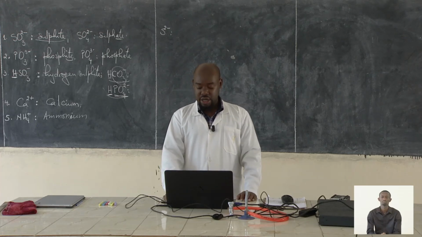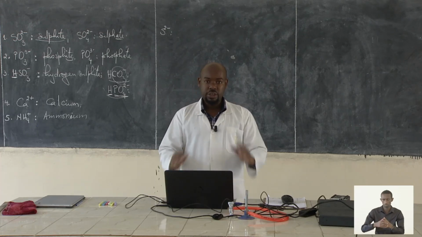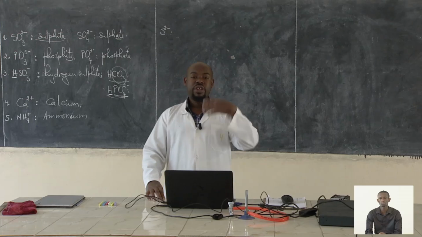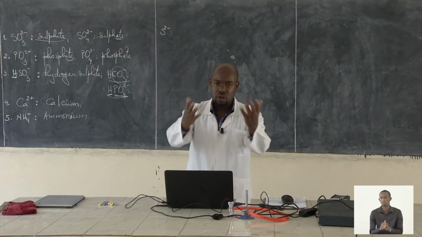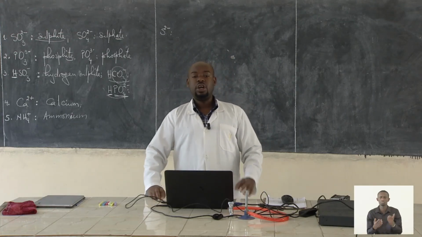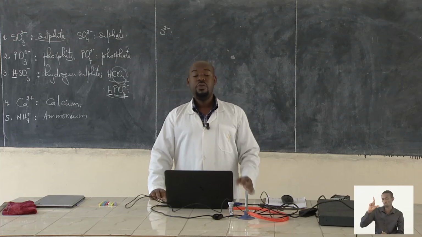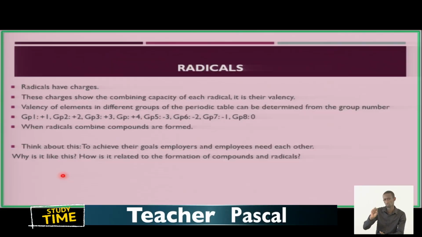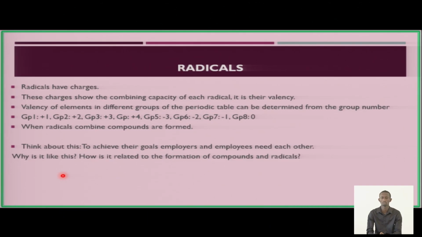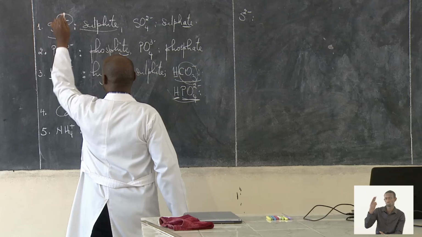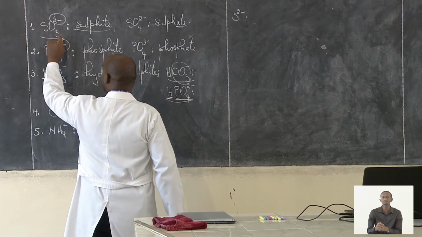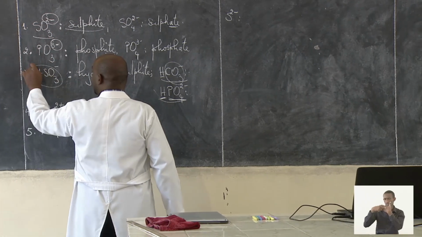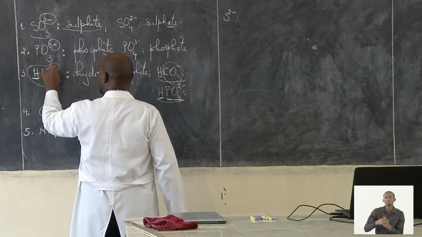So let us go to the next slide, and we recall some of the characteristics of radicals. We have seen that radicals have charges. For example, the sulfide ion has 2 negative, sorry, here we have 3 negative, and the hydrogen sulfide, we have 1 negative.